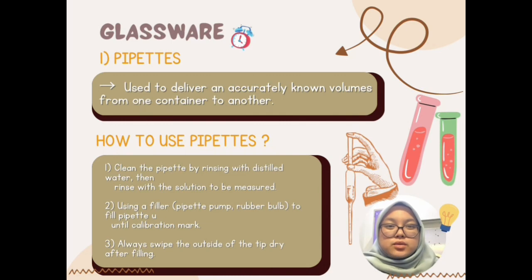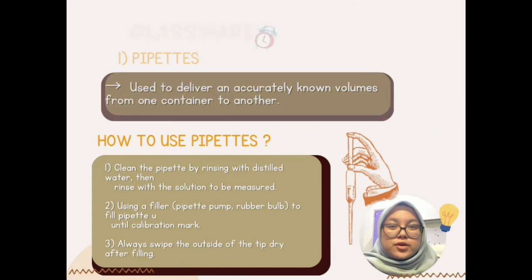These are designed to transfer an accurately known volume of liquid from one container to another. To use them correctly, we must rinse the pipette with distilled water and then with the solution we plan to measure. After that, a pipette pump or rubber bulb is used to fill the pipette up to its calibration mark, and the outside of the tip should always be wiped dry before use.